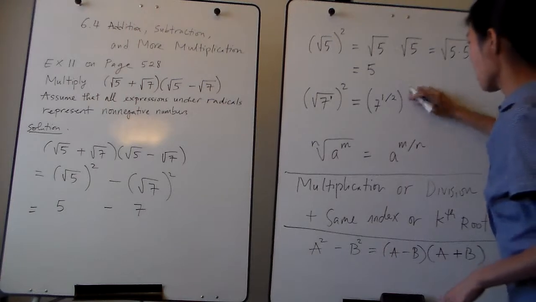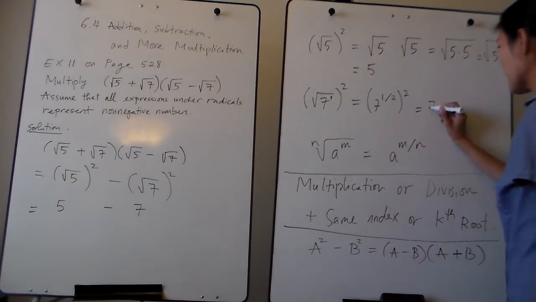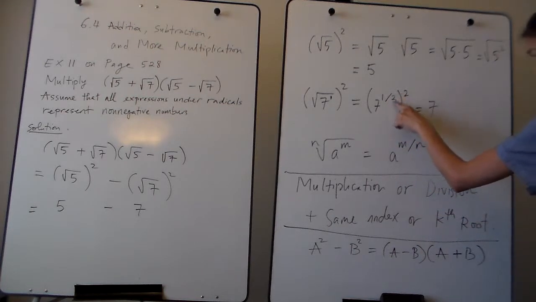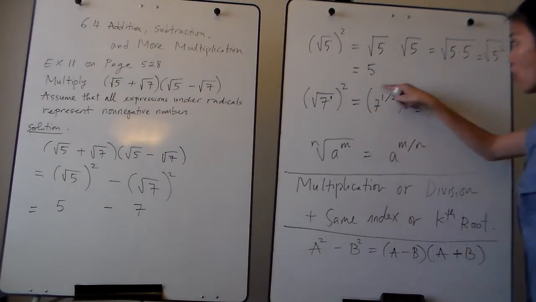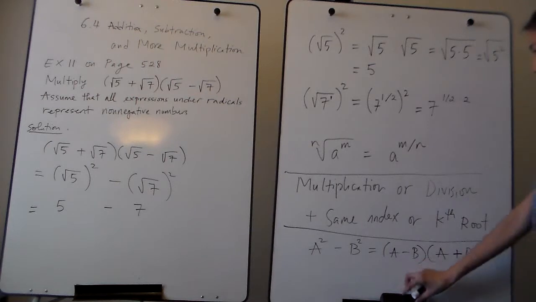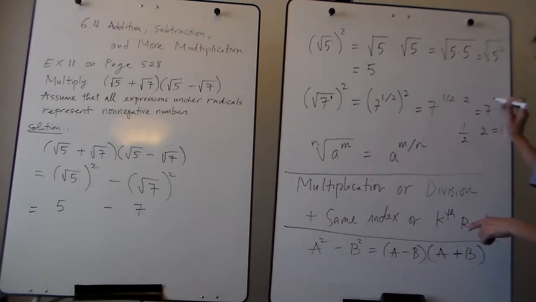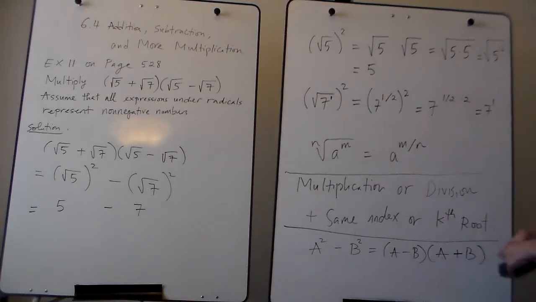So we're writing the square outside. Because this is exponent 1 divided by 2, and this is also an exponent, you can multiply the two exponents. So you take 1/2 multiplied by 2. 1/2 times 2 is 1, so you have 7 raised to the first power, and 7 to the first power is itself, which is 7.